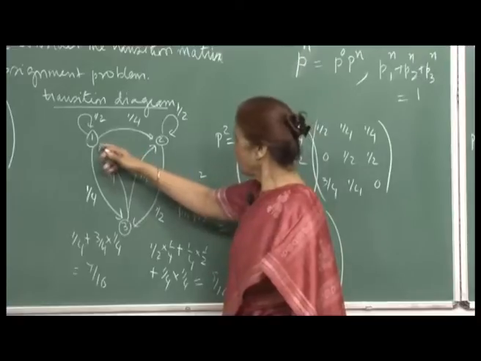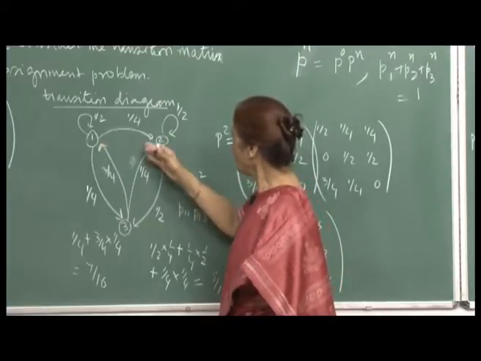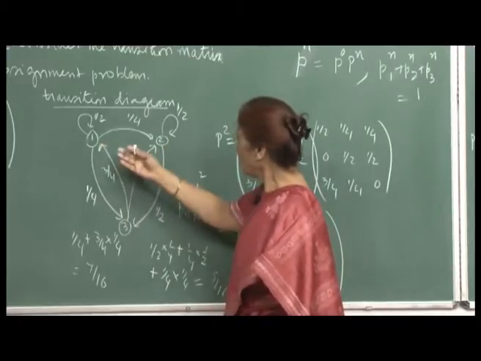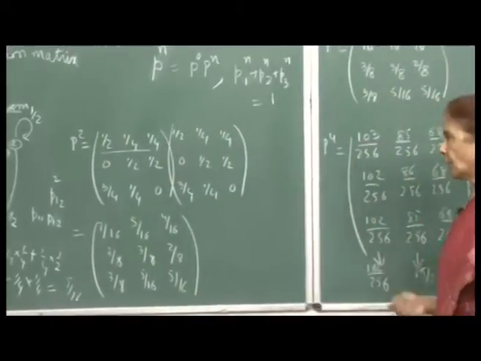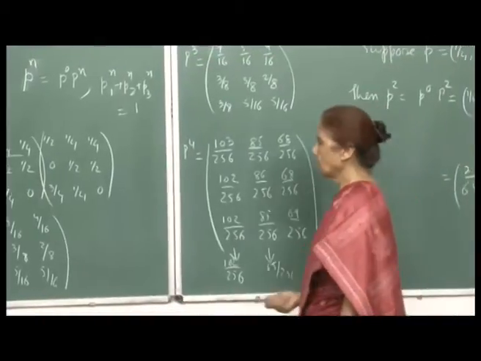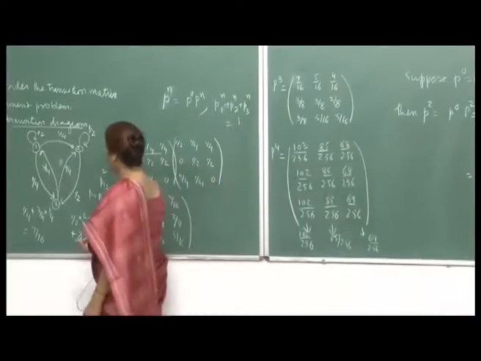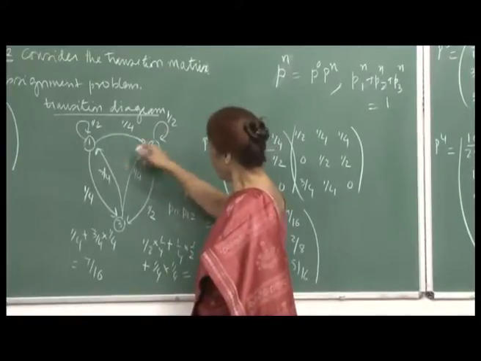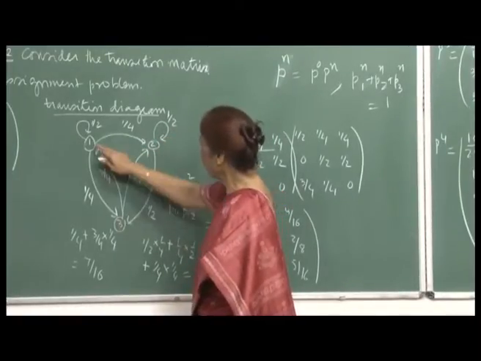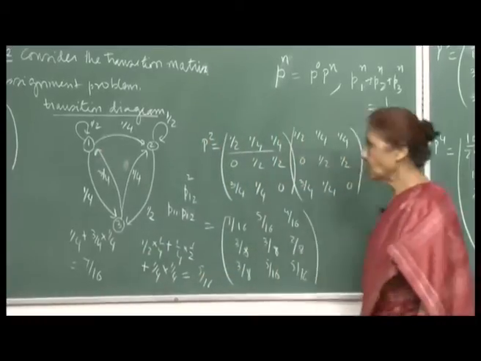You can go from 1 to 2, 2 to 3, 3 to 1 again, and so on. Maybe not in one step always; for example, from 2 to 1 you cannot go in one step, but you will be able to go from 2 to 3 and then 3 to 1. So, in 2 steps you will be able to transition.